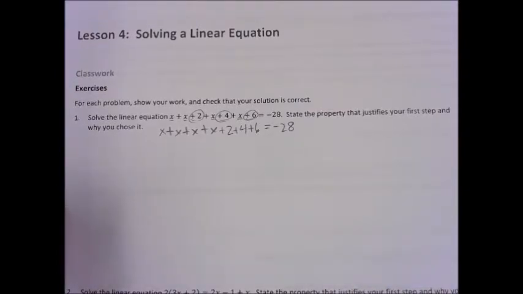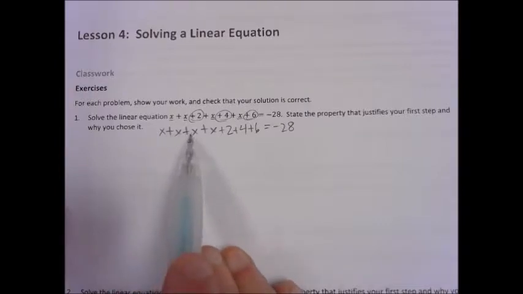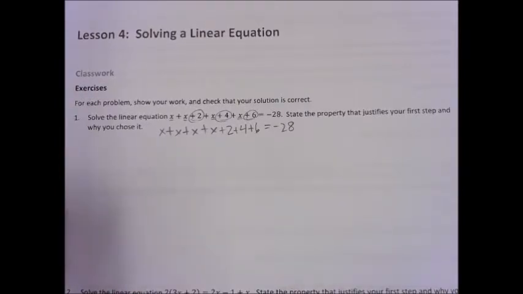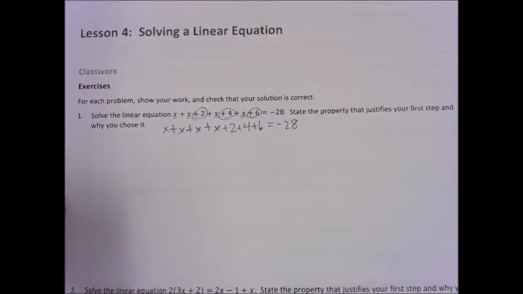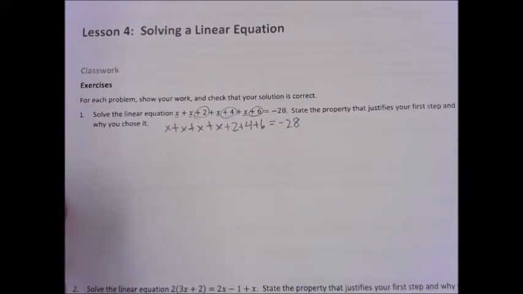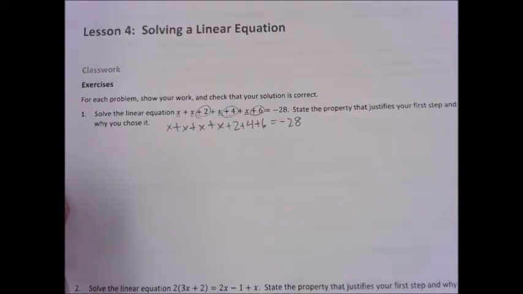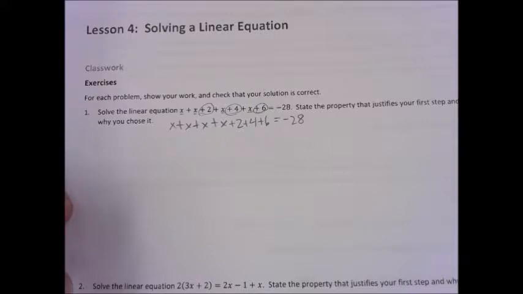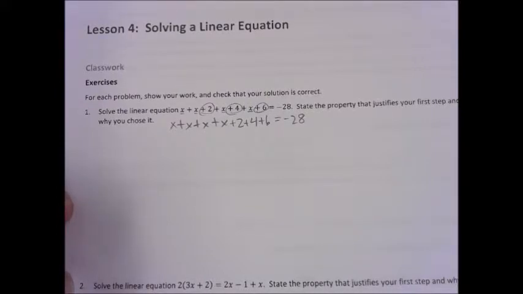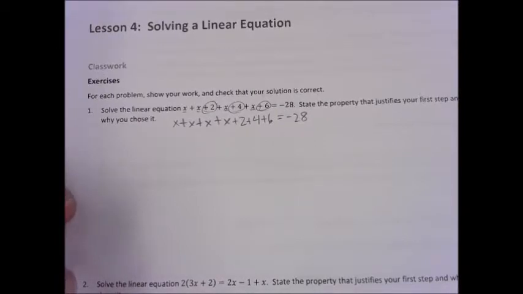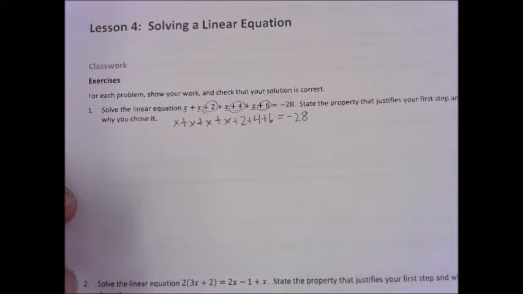If I have x plus x plus x plus x, there's an easier way for me to write repeated addition, and that is with multiplication. So what I need to do here is use the commutative and the distributive properties in order to condense the equation a little bit. We need to decrease the number of terms so we can work with it a little bit more easily.